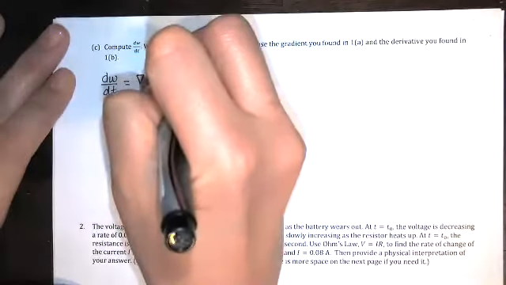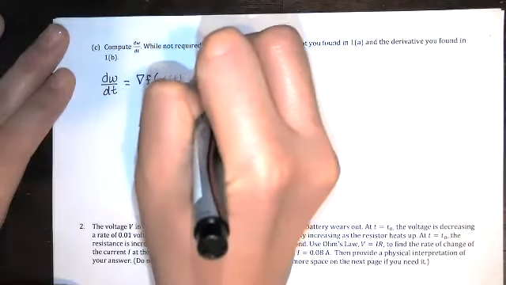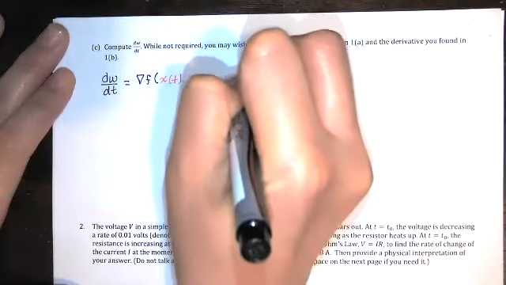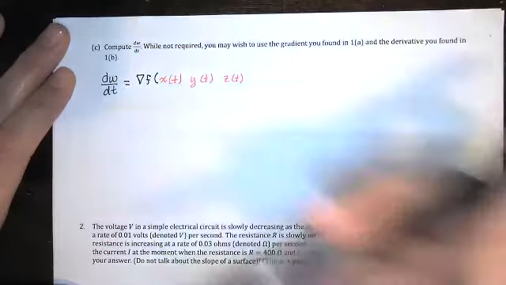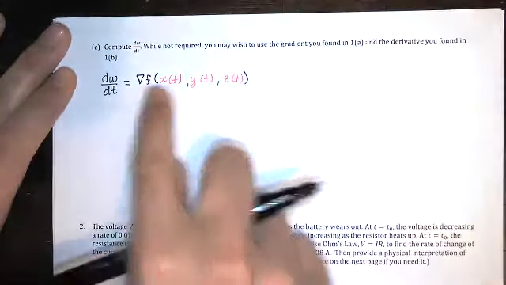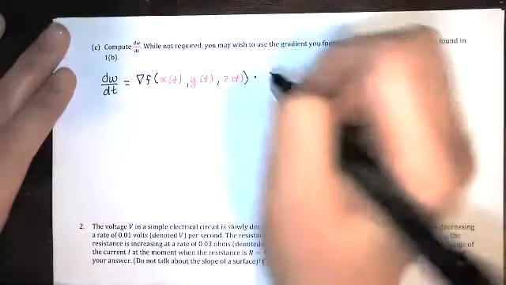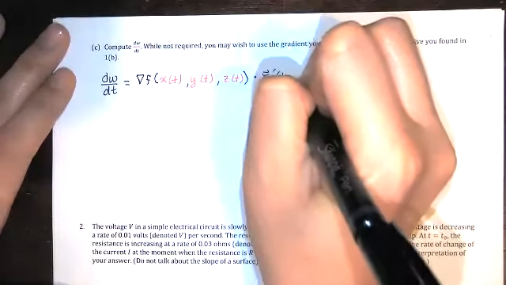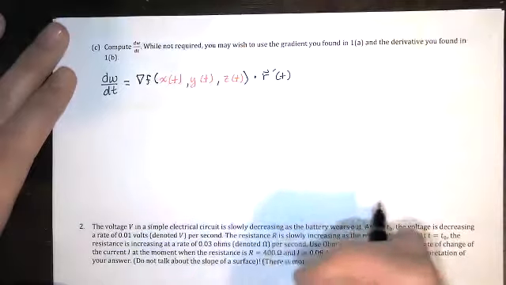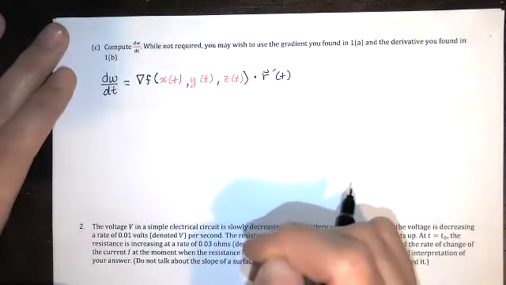But we want to evaluate this at x of t, y of t, z of t. Those are components of that vector valued function. So now I've got my gradient entirely in terms of t. If I take that and I dot that with r prime, that's going to give me dw dt.